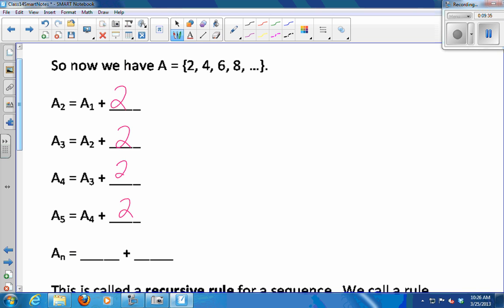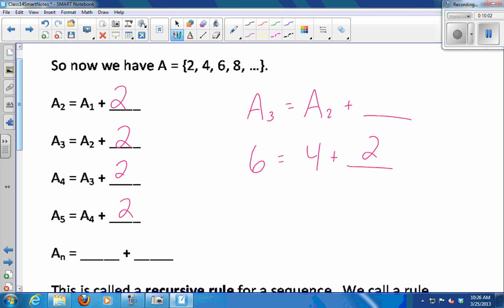Each number in the list is equal to the number before it plus 2. So A3 equals A2 plus what? Well, A3 is 6, A2 is 4. 2. There you go.